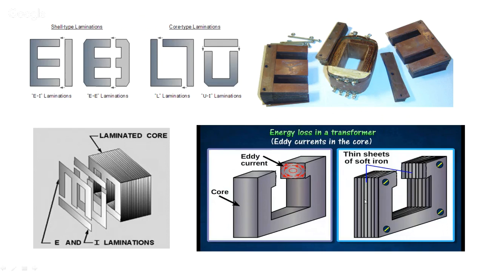These are called laminations. These are thin sheets of soft iron, or even silicon steel is used in the construction. The purpose of going in for lamination is to reduce the eddy current losses in the transformer.